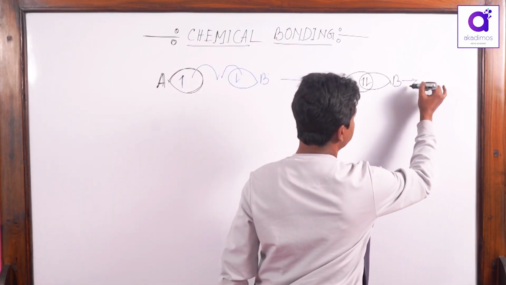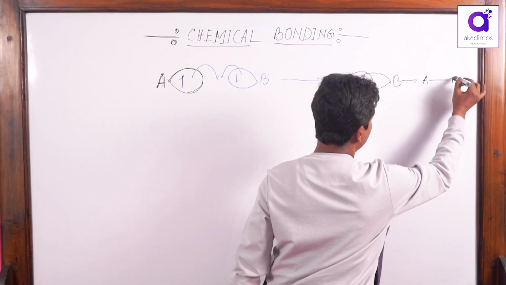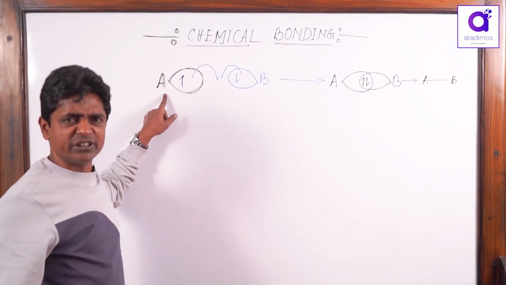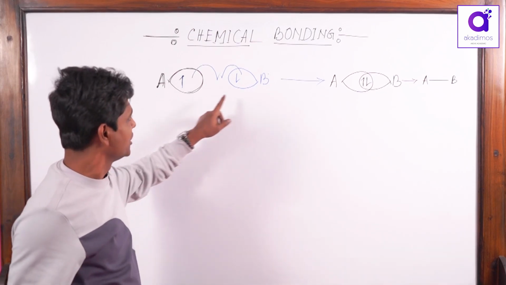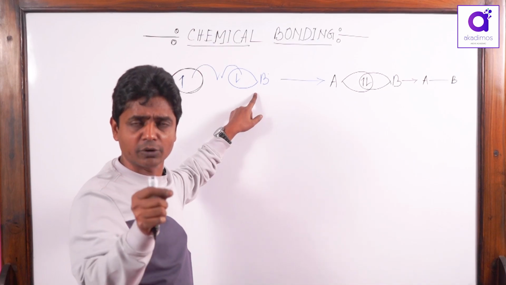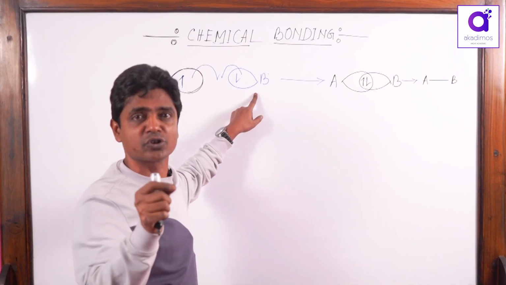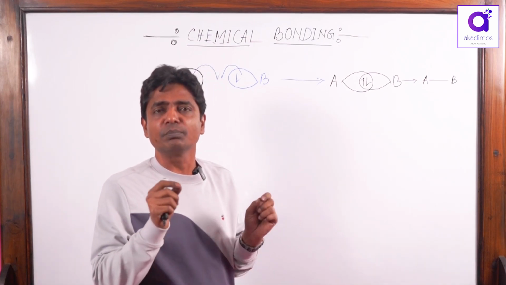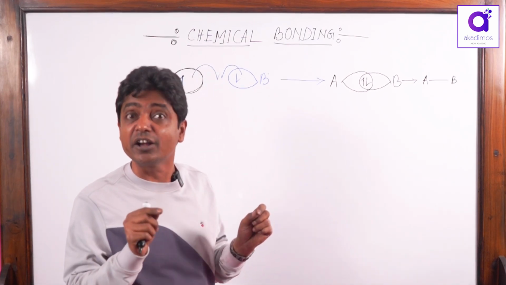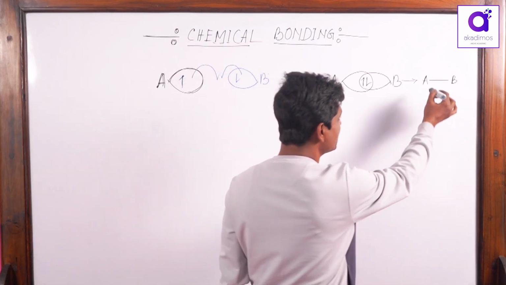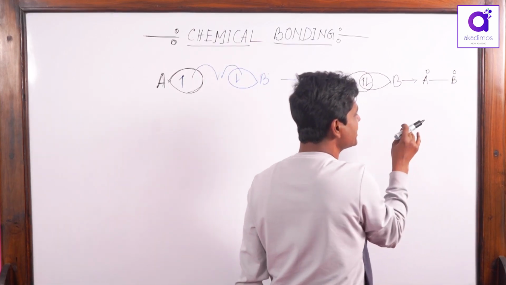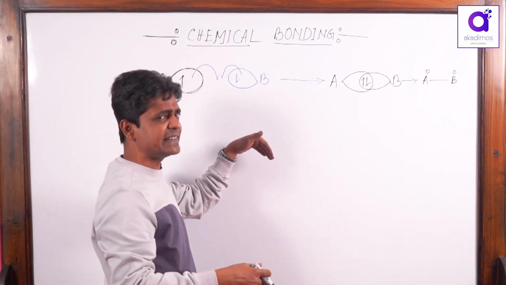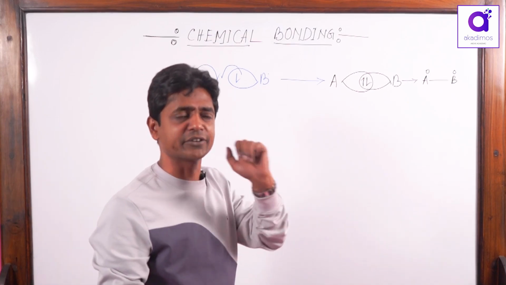You can simply represent it A bond B. Here A atom has a singly occupied orbital, B atom has a singly occupied orbital. Electrons overlap or share, and they form a bond between A and B. And see, the formal charge is 0. No charge you will get on A or on B, since they share an equal number of electrons.